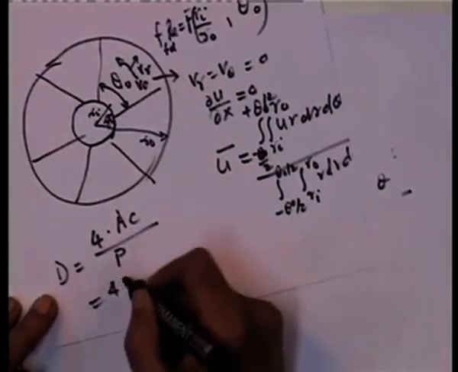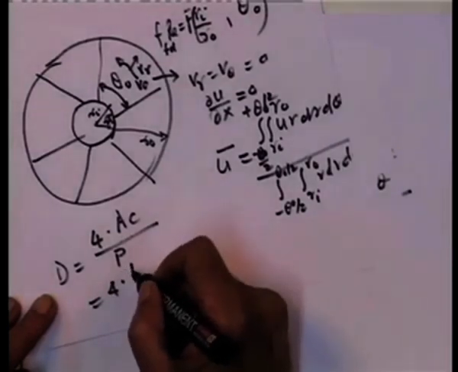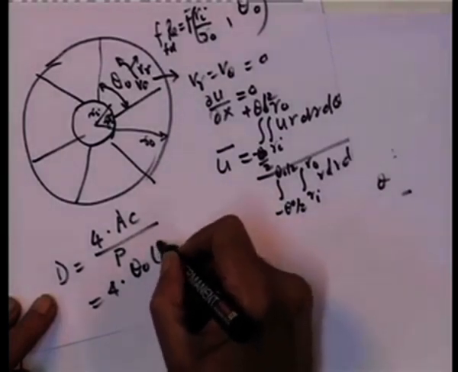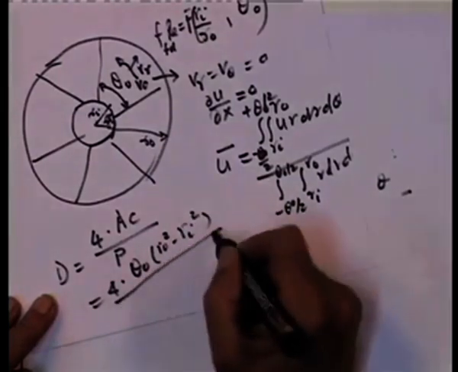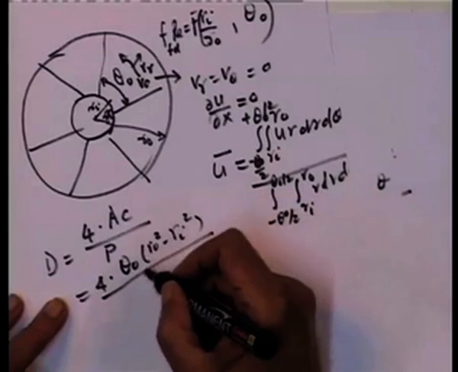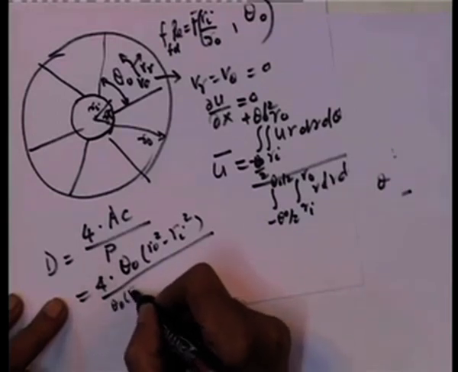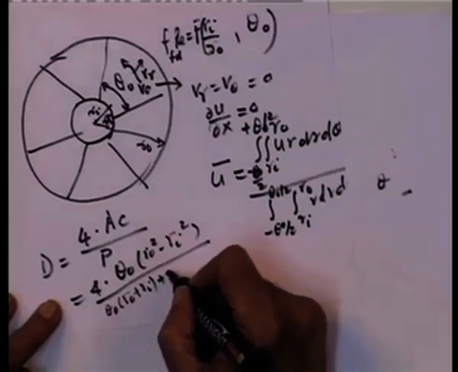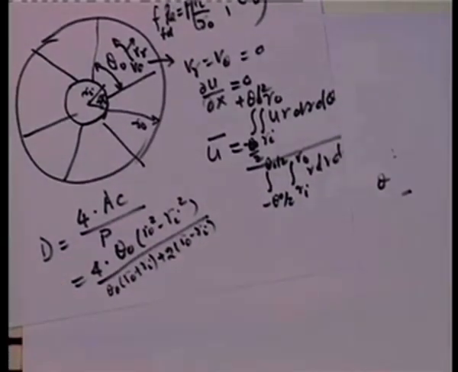So, 4 times theta naught into r o square minus r I square, divided by theta naught into r o plus r I, plus 2 times r o minus r I. That is what it is all about.